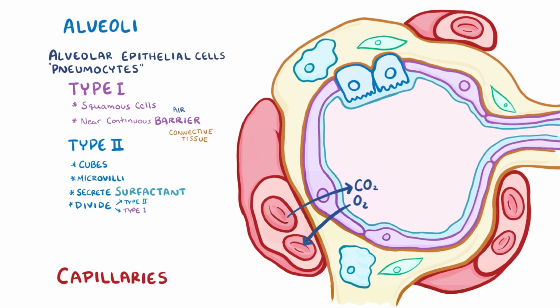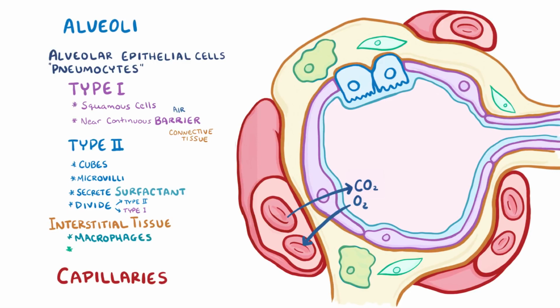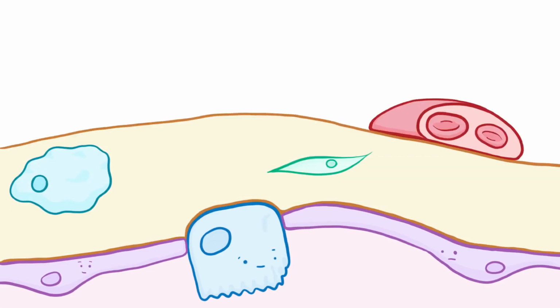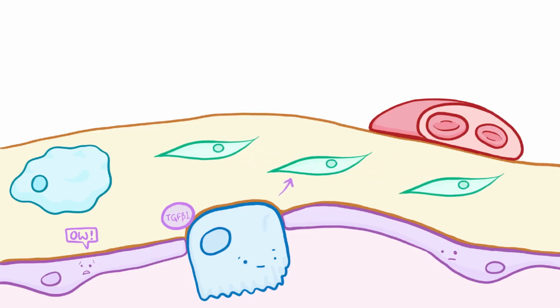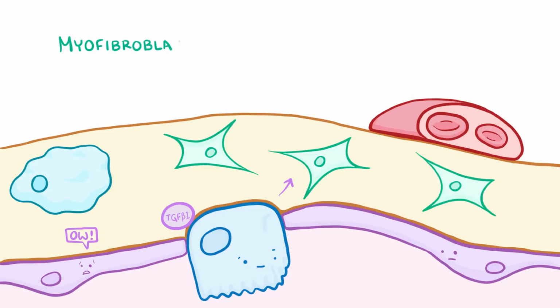Now, between the type 1 and type 2 pneumocytes and the capillaries is interstitial tissue of the lung, which has macrophages and fibroblasts. When the alveolar lining is damaged, type 1 pneumocytes release transforming growth factor beta 1, which gets the type 2 pneumocytes to stimulate fibroblasts to proliferate and develop into myofibroblasts, which are fibroblasts with some smooth muscle cell properties.